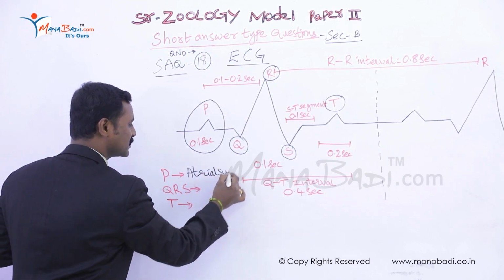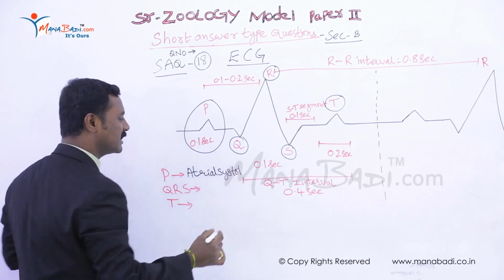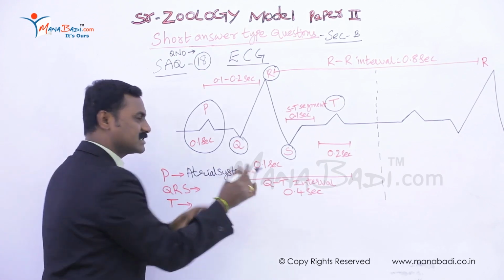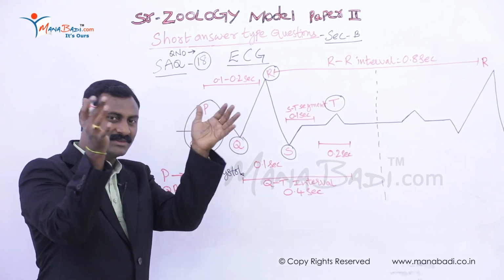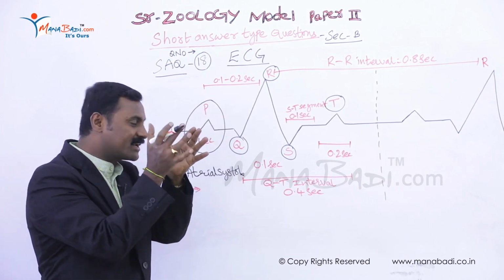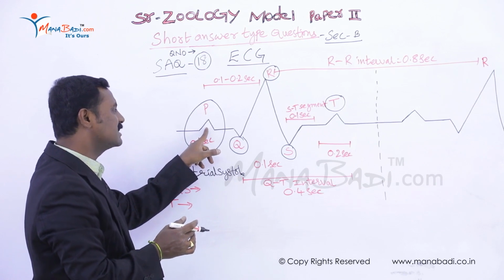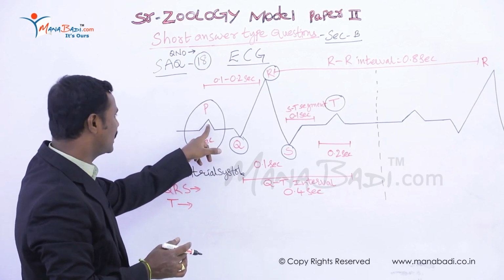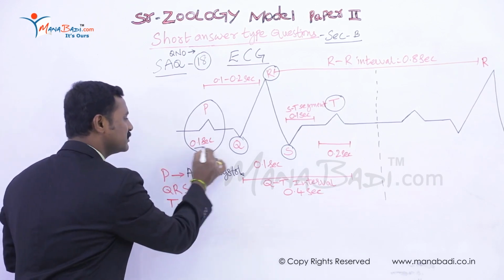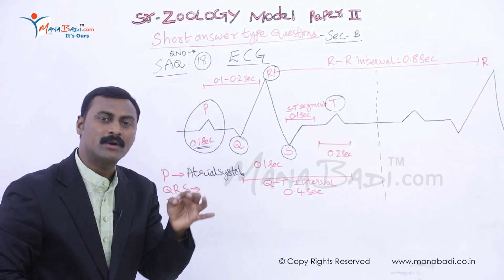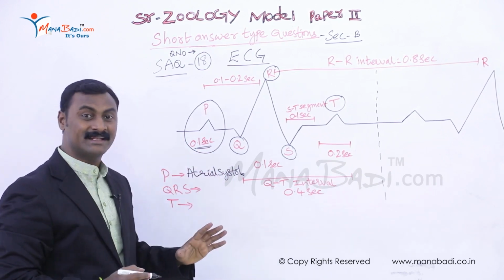In the functioning of the heart, first the atria contract. That atrial contraction event is noticed especially because of this small projection. This is all about P. How much time will it take? It will take only 0.1 second.